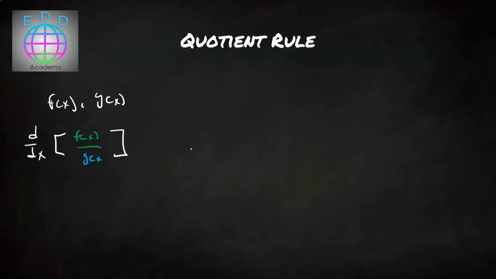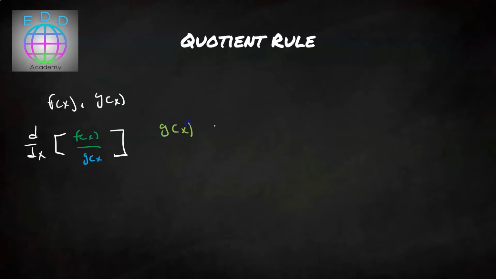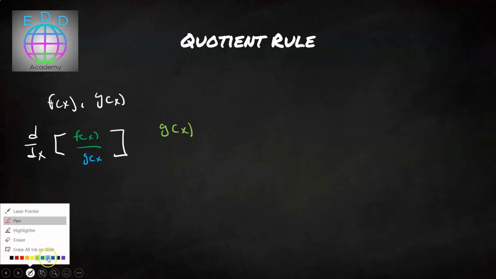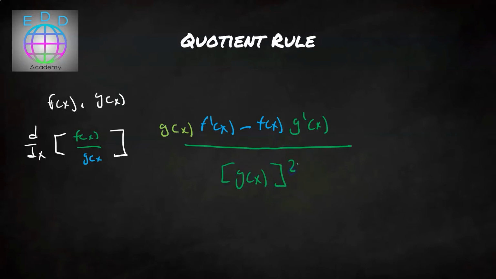And basically what the quotient rule says is we have g of x times the derivative of f, which is f prime of x, minus f of x times the derivative of g, g prime of x, all over g of x quantity squared.